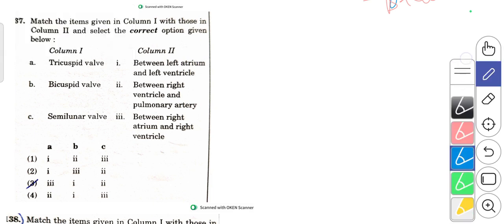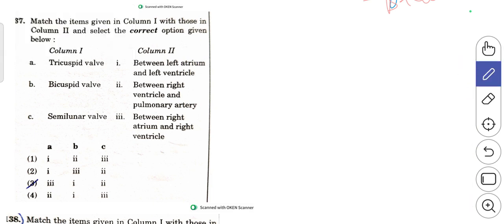So for this one I will draw a diagram. As you all know, this is from the circulation topic.